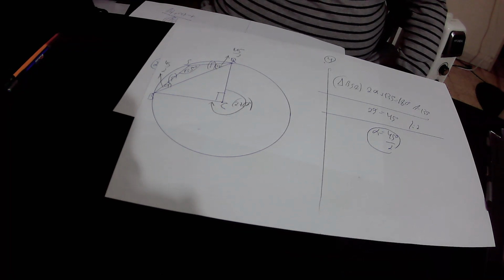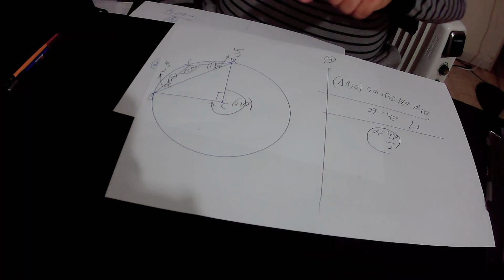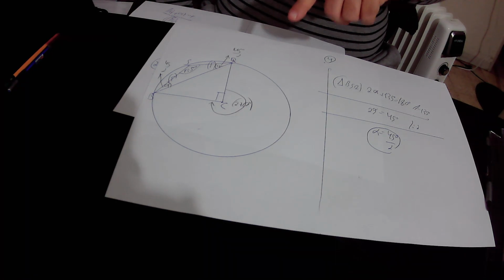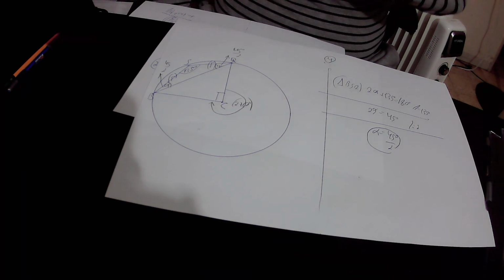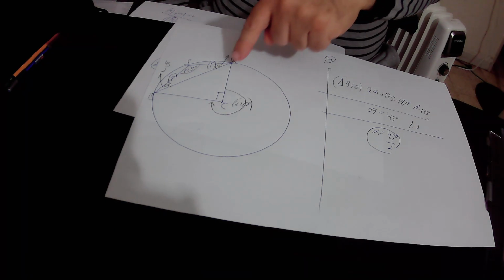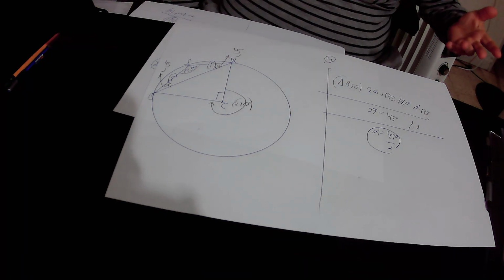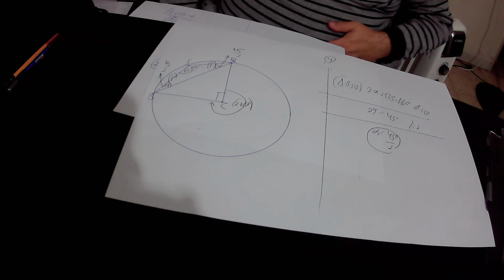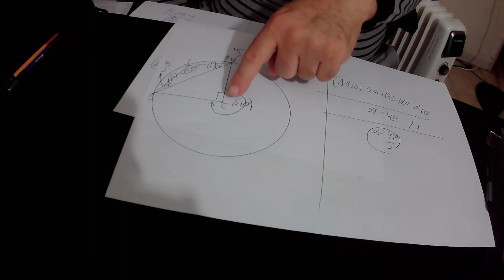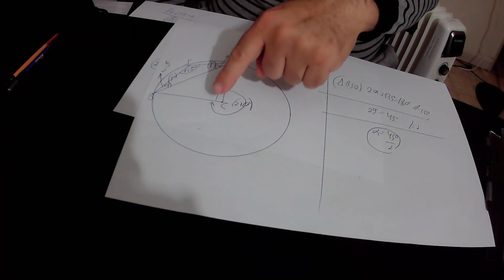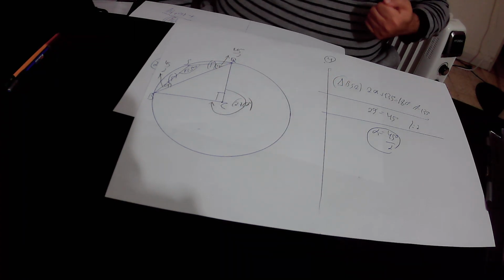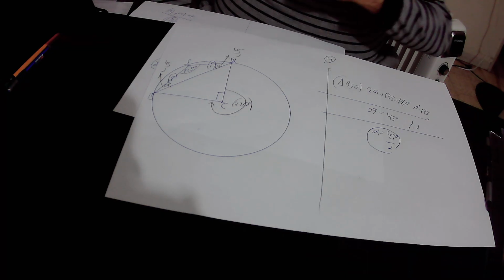We can actually implement rule number 6 in our drawing. Why? Because in our drawing, if you focus at point C, according to rule number 6, the sum of the angles around point C must be equal to 360 degrees. So around point C we have this angle that is equal to 90 degrees, plus this missing angle, in total they must be equal to 360 degrees according to rule number 6.